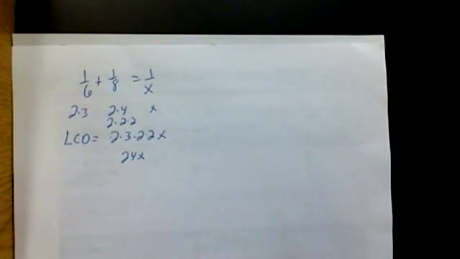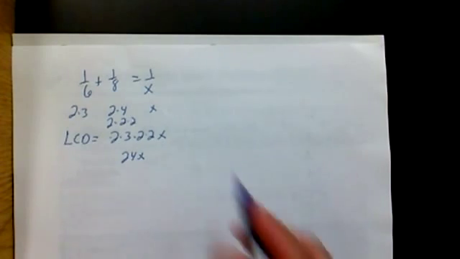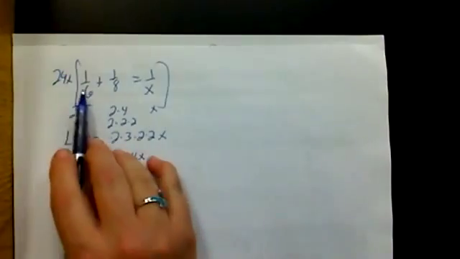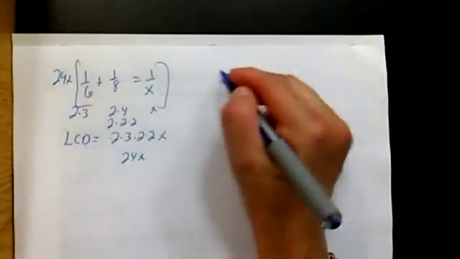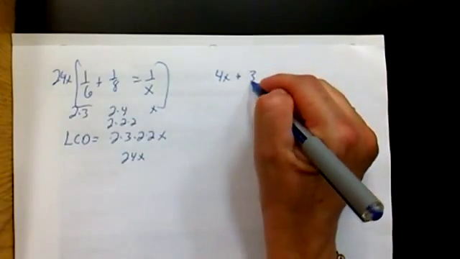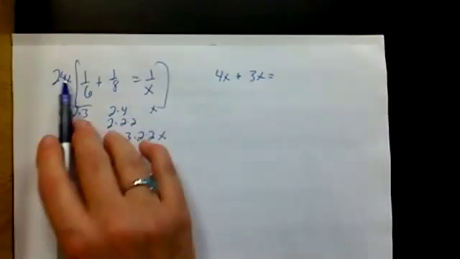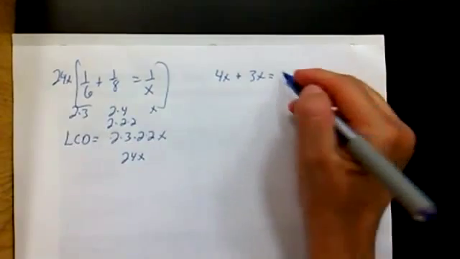If I multiply it by all the pieces, 6 goes into 24 4 times. 4 times 1 gives me 4x. 8 goes into 24 3 times, so 3x times 1 is 3x. And x goes into 24x 24 times.